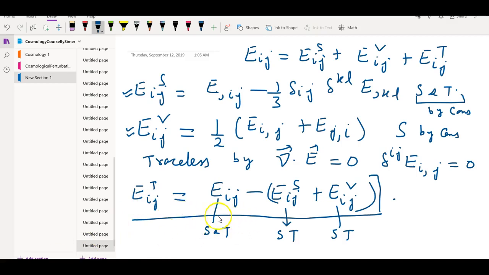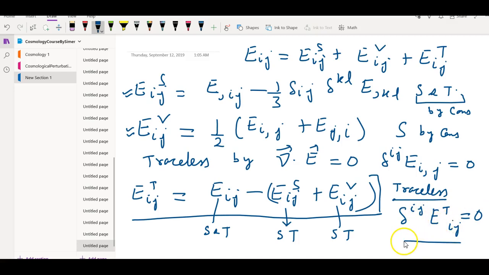One constraint on E^T_ij is that it is traceless, and the traceless condition gives us one constraint: delta^ij E^T_ij is 0, right?